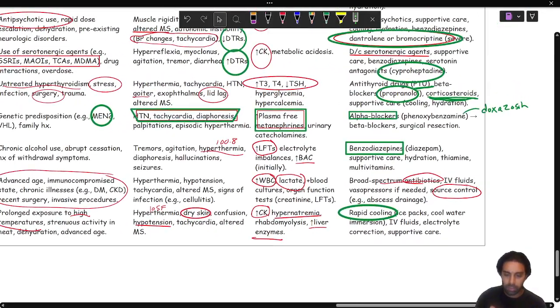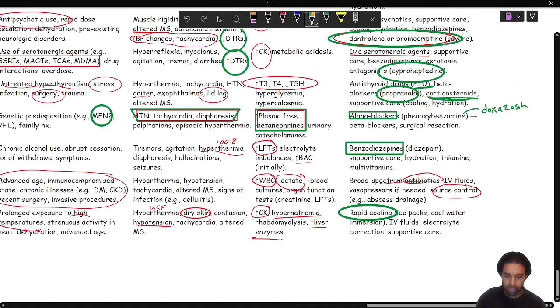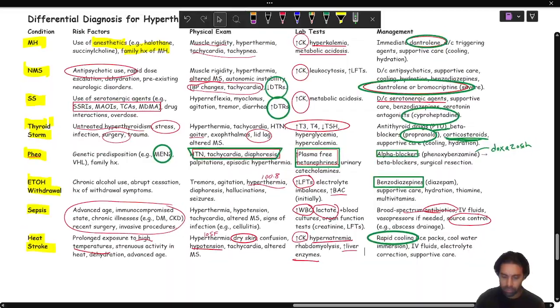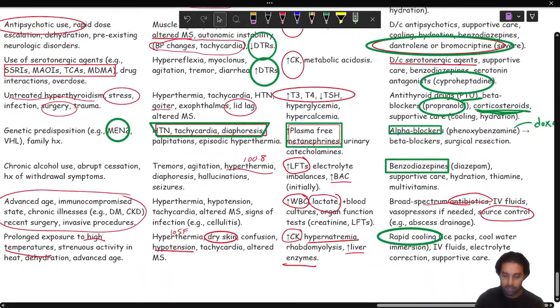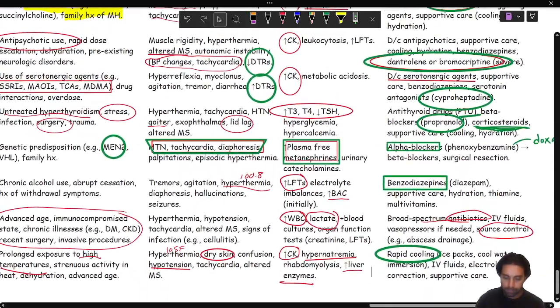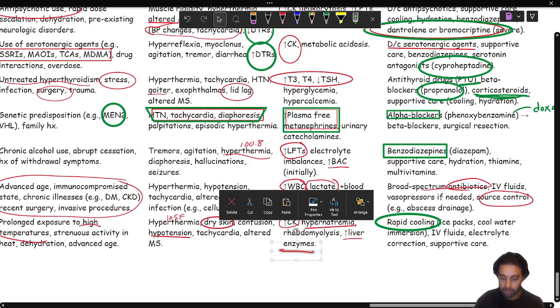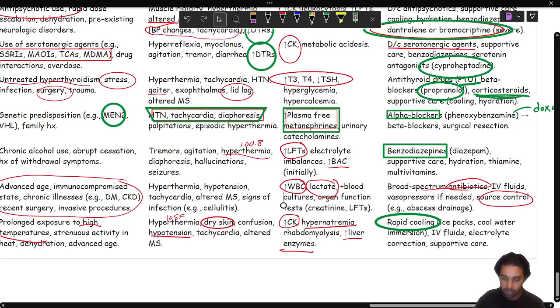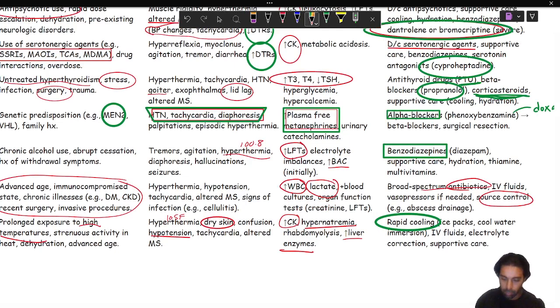All right, I wanted to mention one other thing. So with thyroid, because there's a bunch of CKs that are elevated. CK will not be elevated in sepsis necessarily, depending on what the situation is. So normal CK. Alcohol, same thing.